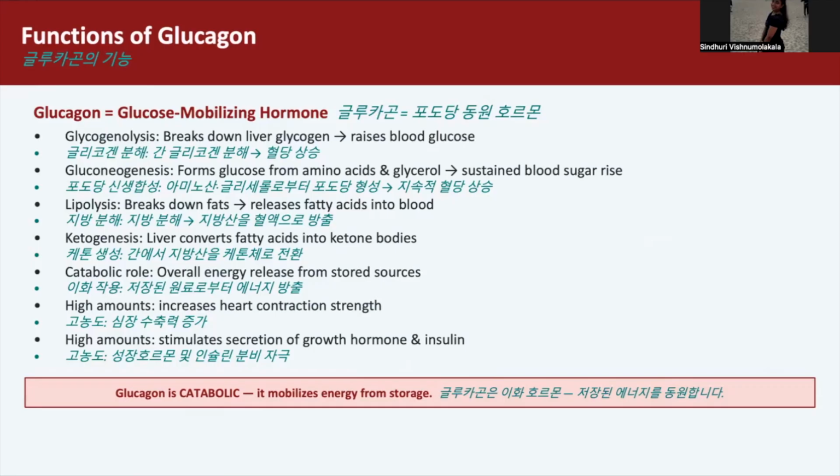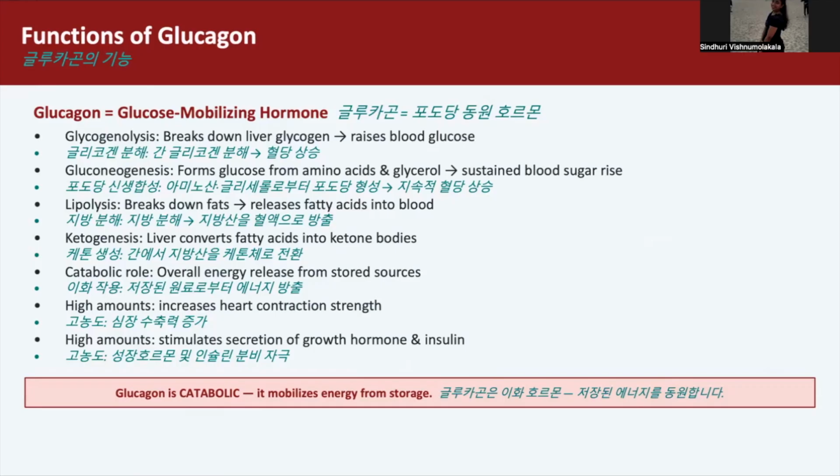These are released into the circulation. Therefore, glucagon is catabolic in action. That means it releases energy. Like what is energy? ATP. It releases ATP. It also acts as a ketogen. Ketogenesis means the liver converts fatty acids into ketone bodies. So overall, it has a catabolic role by releasing energy from stored sources.